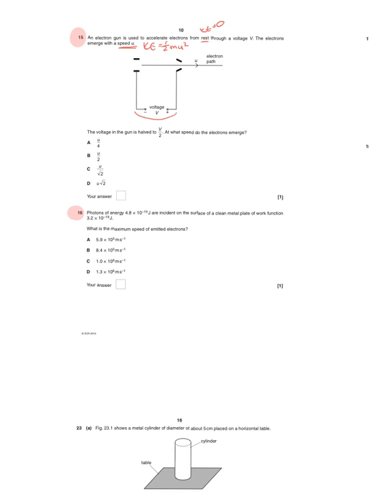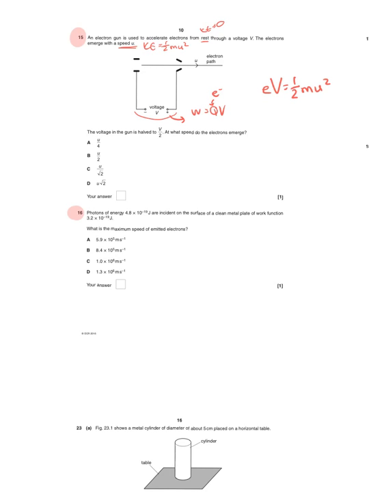We know that the work done and energy transferred is QV. Since electrons are being accelerated, the charge is the elementary charge e. So we know eV is equal to half mu squared.